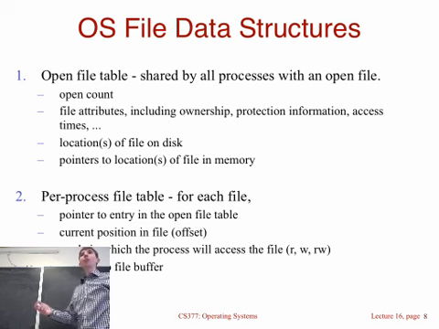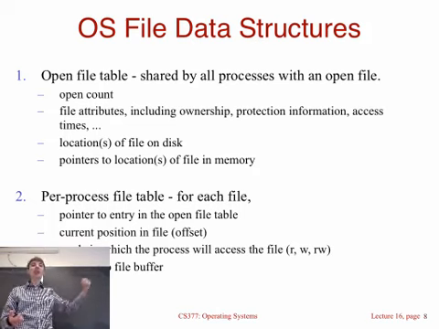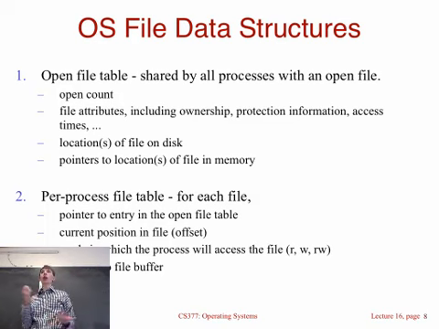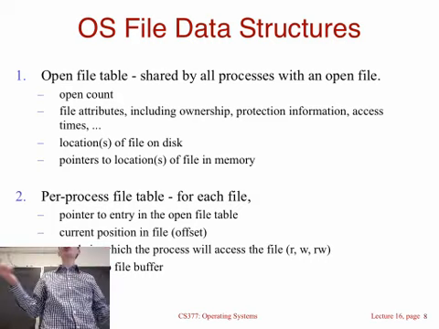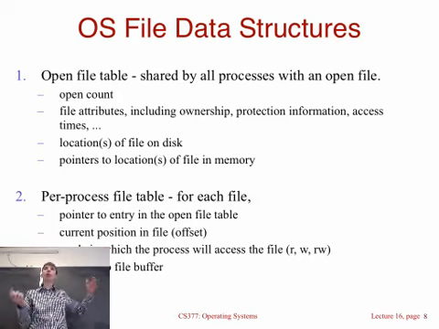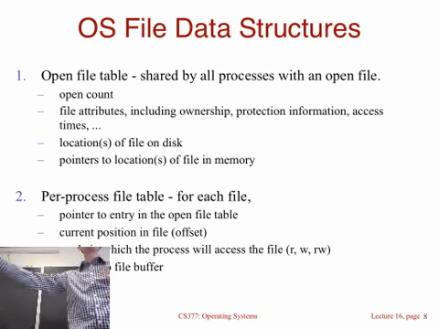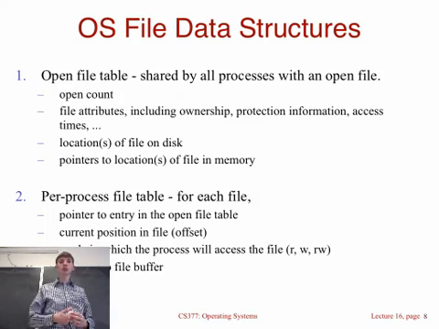So when a process is done working with a file and closes it, that file count tells you when it's safe to remove the file from the table, because all the processes are sharing that one entry. If you have 3 different processes with the same file, you'll have an open count of 3, and it'll only be when all 3 of them have closed the file that you can actually release the entry from the table.